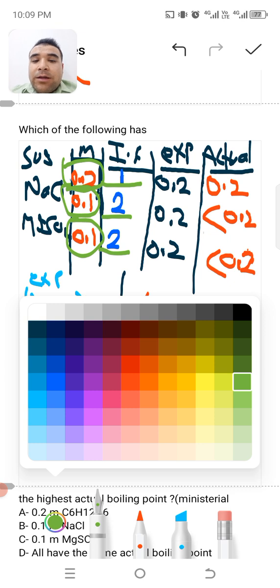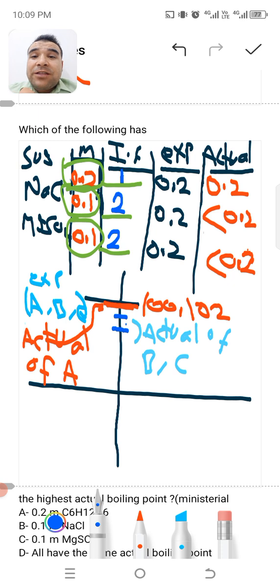So guys, here the expected value, you'll get the same expected for all three solutions. How? 1 multiplied by 0.2, you'll get 0.2 for the sugar. 2 multiplied by 0.1, you'll get 0.2. 2 multiplied by 0.1, 0.2 for the MgSO4 as well.